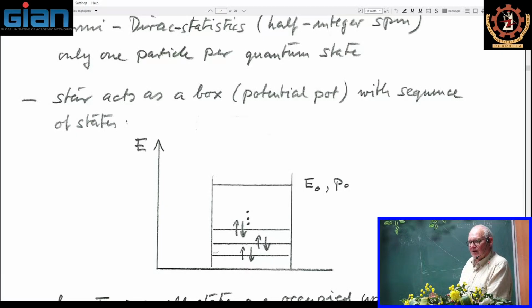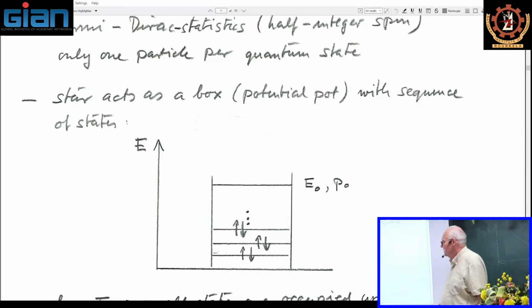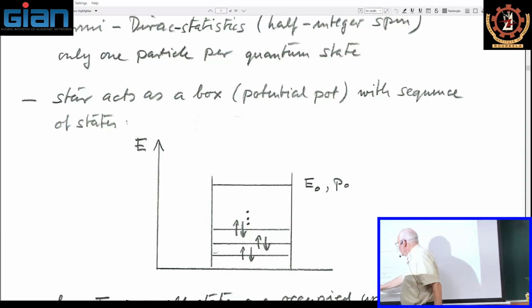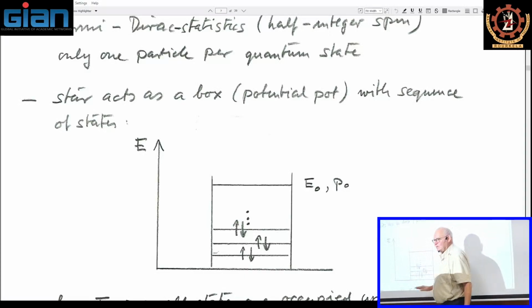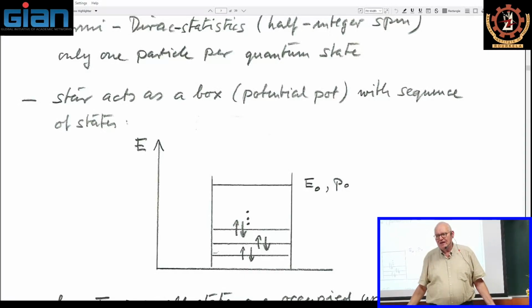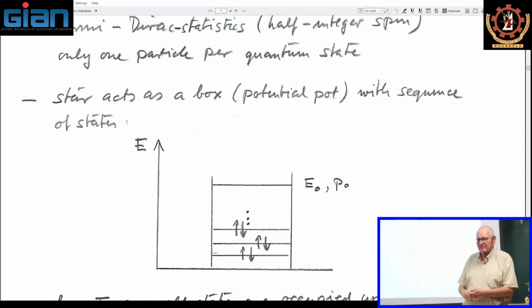The electrons are contained in a box, and the box is provided by our star, a box or a potential pot. So the zeroth approximation would be we have a potential pot with infinite potential on the walls and zero potential in the middle. So we have to fill our electrons into our potential.